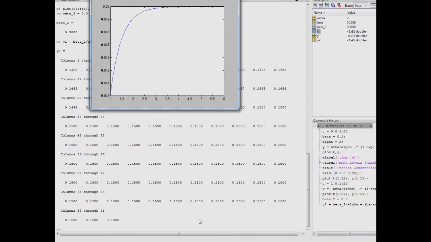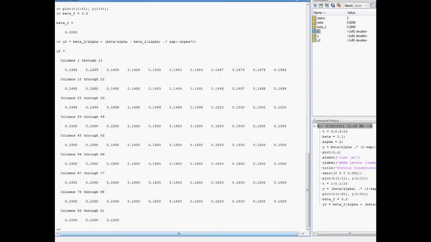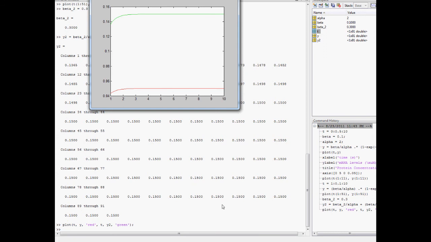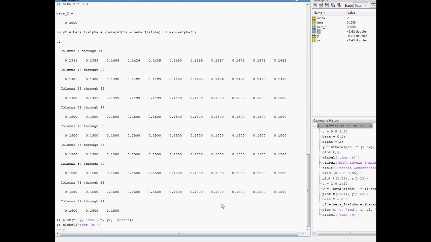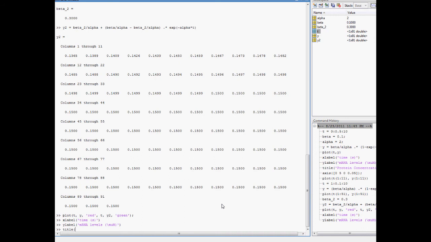Let's replot these two together. First, close your figure 1 if it is open. Then type plot(t, y, 'red', t, y2, 'green'). xlabel 'time in seconds' as before, ylabel 'mRNA levels in micromolar', and title 'protein concentration versus time'.